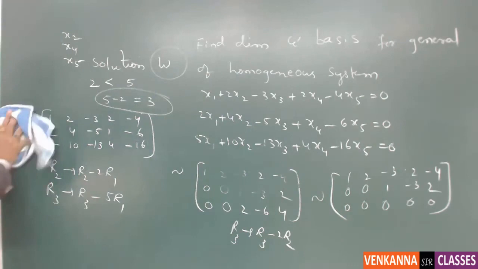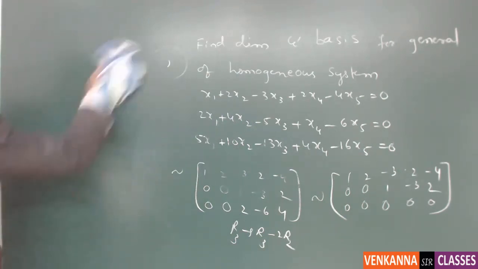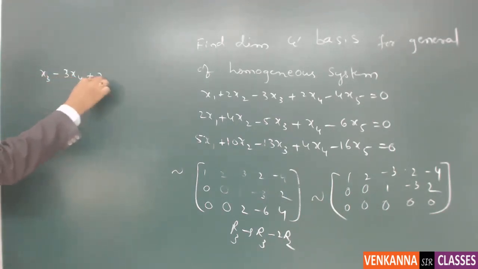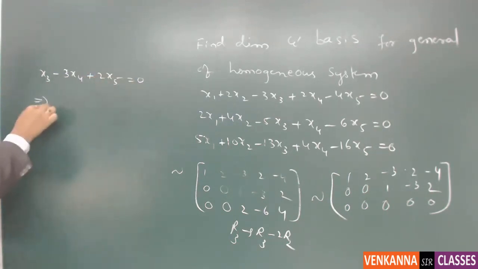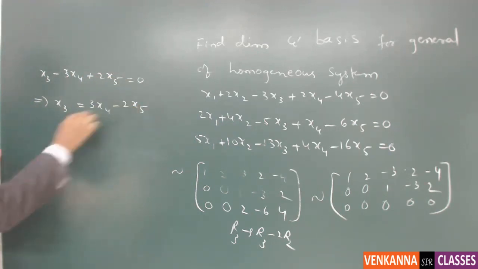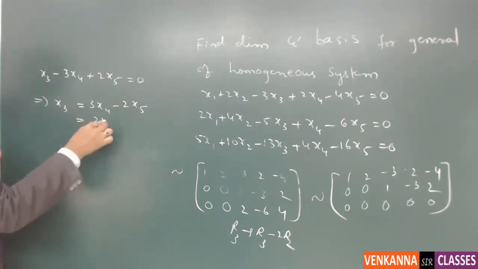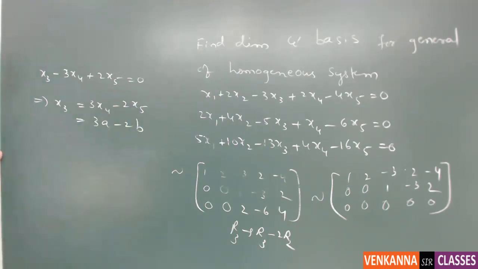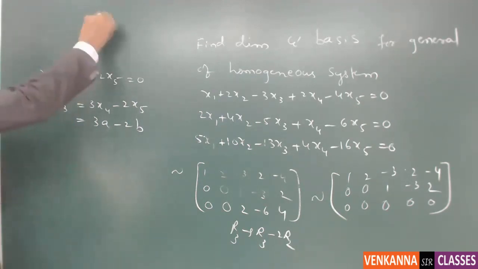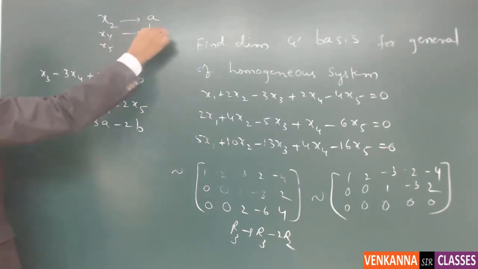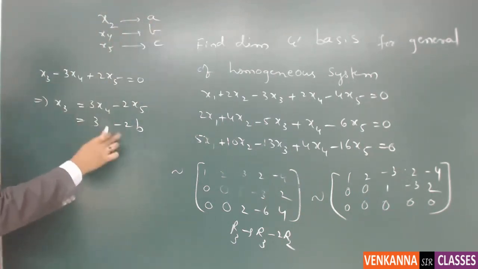So x2 is constant a, x4 is constant b, x5 is constant c.